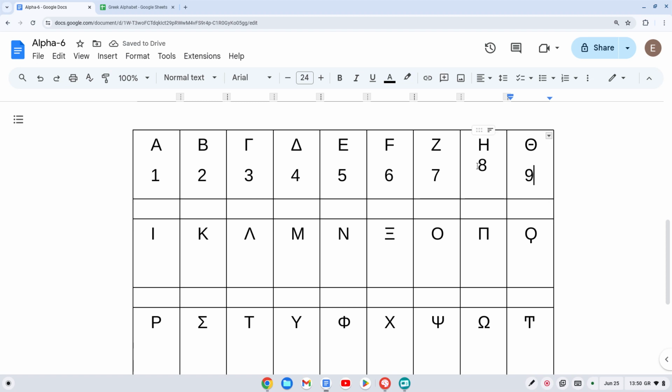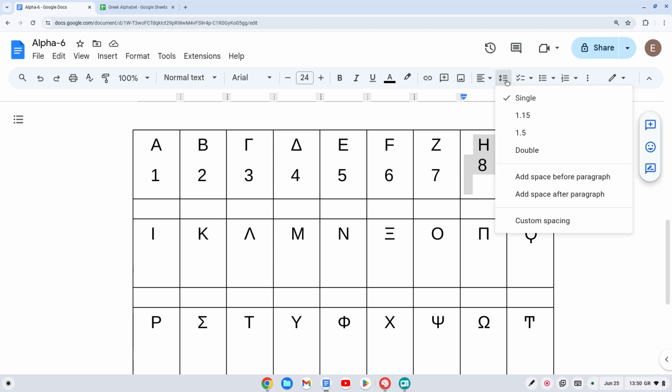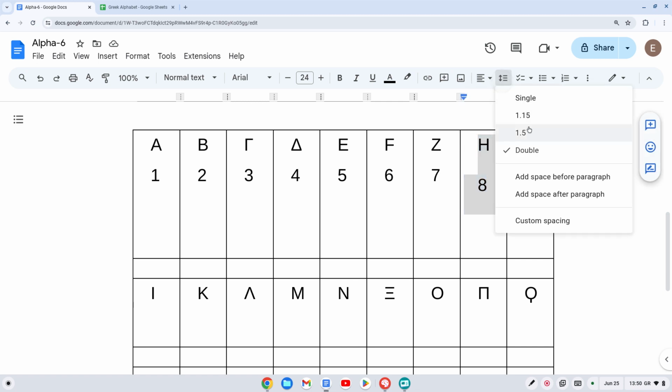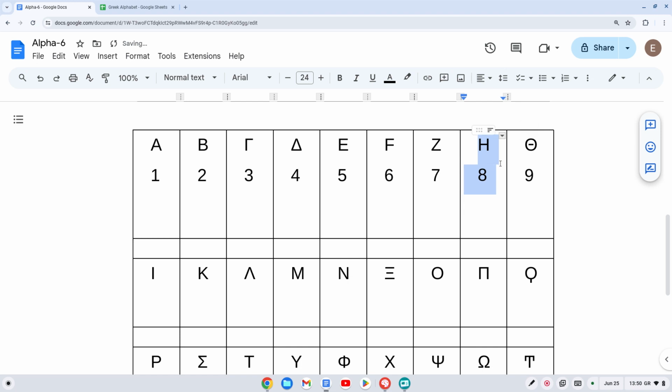Let's see if I can, how do I arrange that properly? That's not what I want. Okay, that's better. All right.